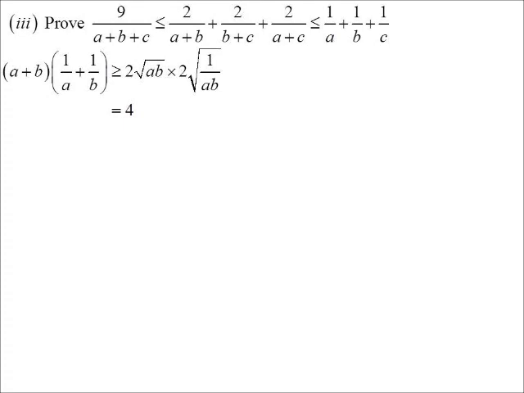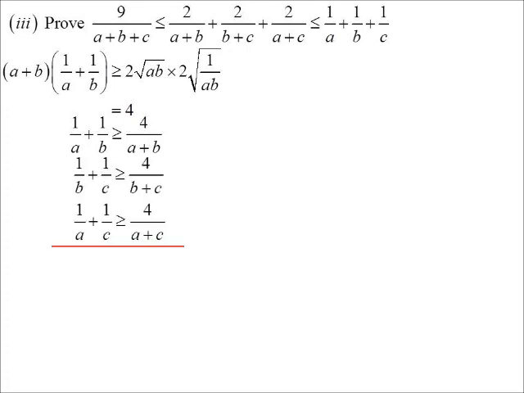So now if I divide both sides by a plus b, I get 1 on a plus 1 on b is greater than or equal to 4 on a plus b. But remember, a and b are just pronumerals. I could change them to anything I like. So it's also true that 1 on b plus 1 on c is greater than or equal to 4 on b plus c, and 1 on a plus 1 on c is greater than or equal to 4 on a plus c.